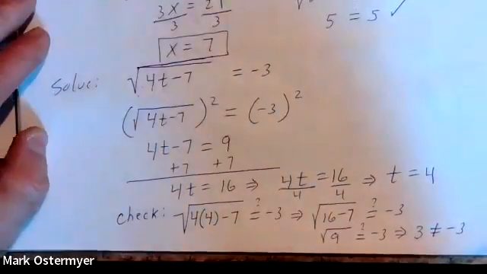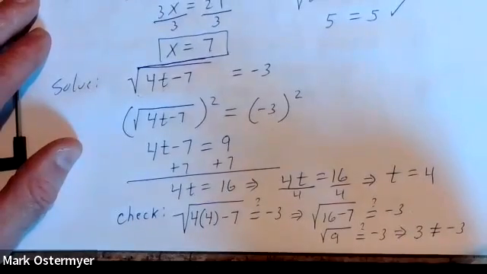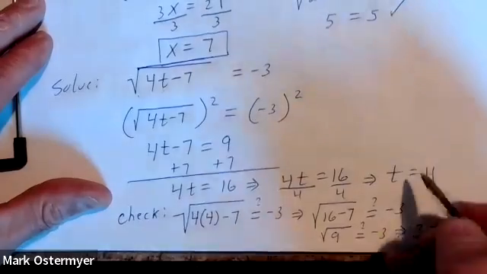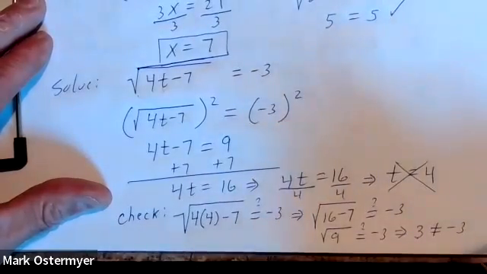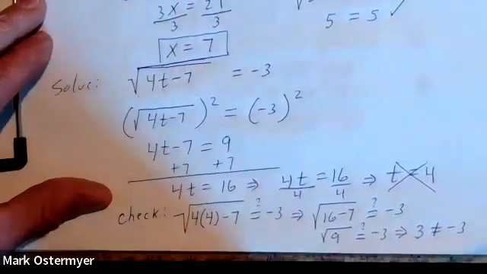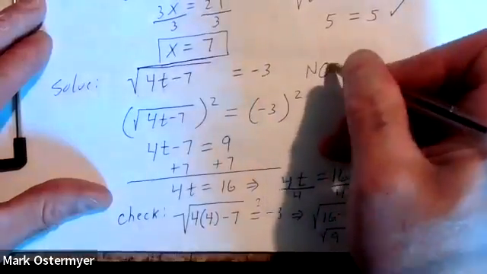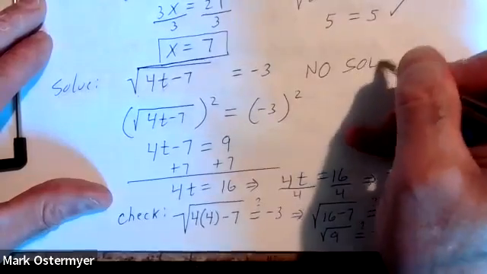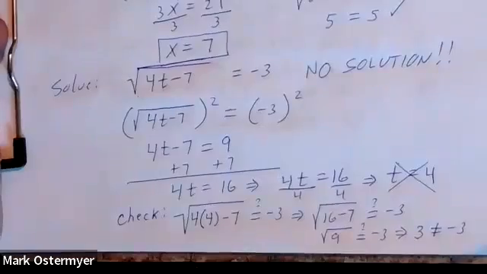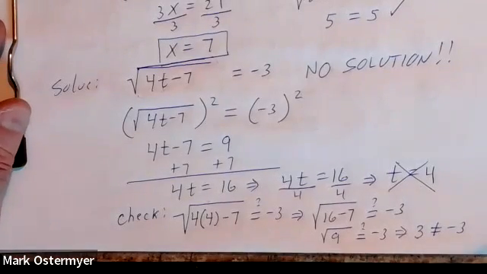And therefore, we have to toss out +4 as being our solution. So 4 cannot remain as a solution because it simply does not check out in our original equation. So therefore, we would conclude that this equation has no solution. So there is no solution to that square root or radical equation.